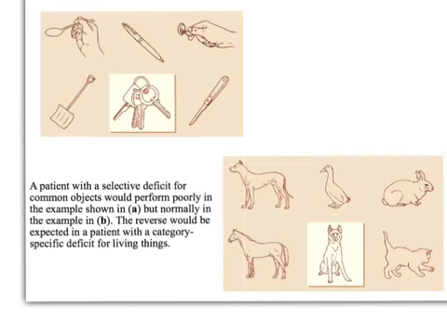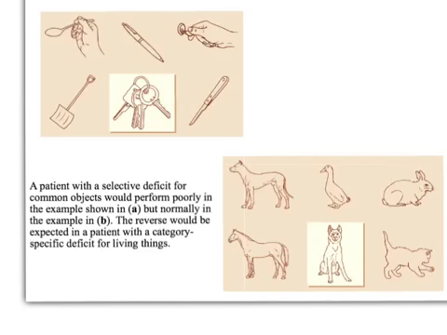Here we have examples of tests for people with category-specific agnosia. In each condition, the subject is asked to choose from the array of 5 drawings the one that goes best with the one in the box. So of these 5, what does this go best with? Of these 5, what does this go best with?